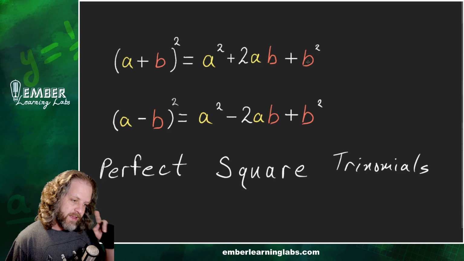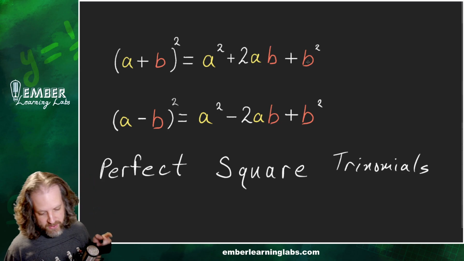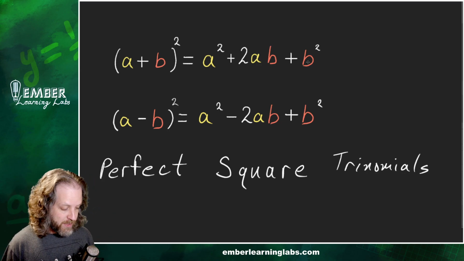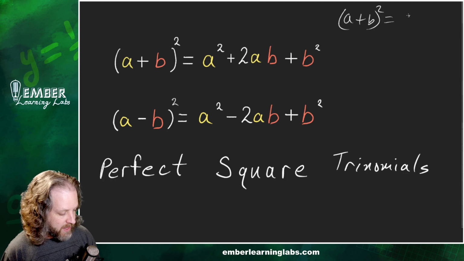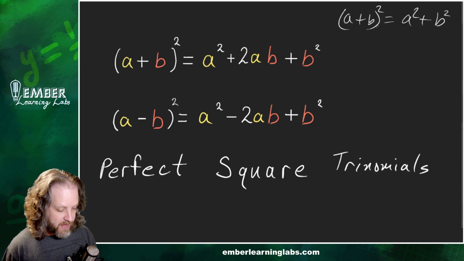The one thing that I want to mention really strongly here: a common mistake would be to take (a plus b) squared and just turn that into a squared plus b squared. But this is not right.